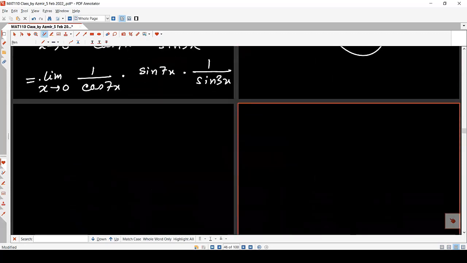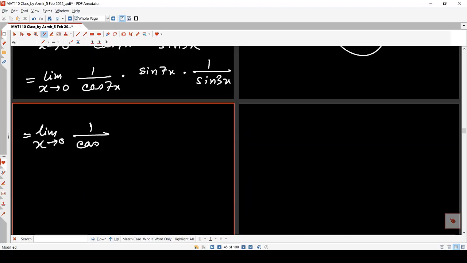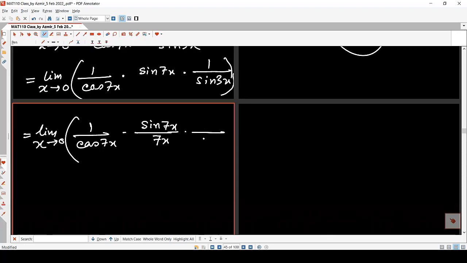Okay, just now we have seen that technique. So we can write it this way: limit x tends to 0, 1 over 7x. Let me give the parenthesis. Our target is to make the same thing, 7x, 7x here, and here we have sine 3x. This should be 3x.